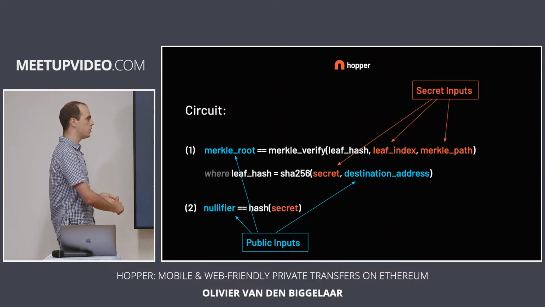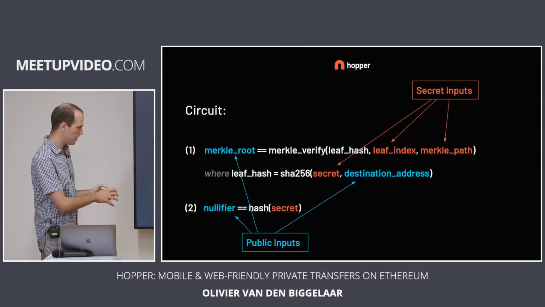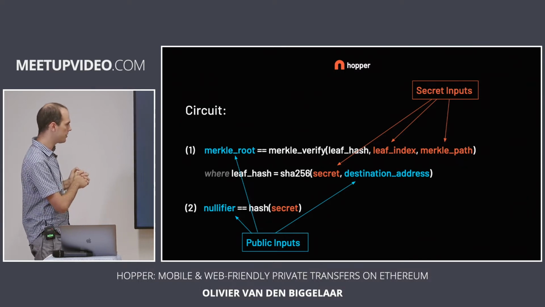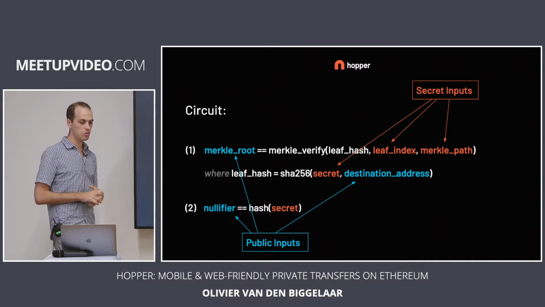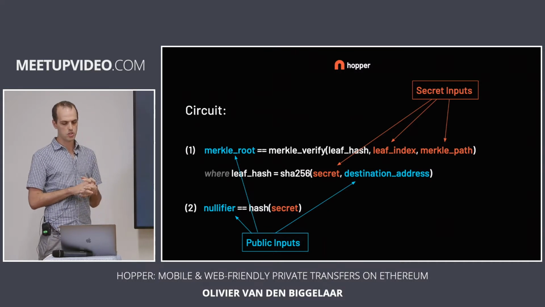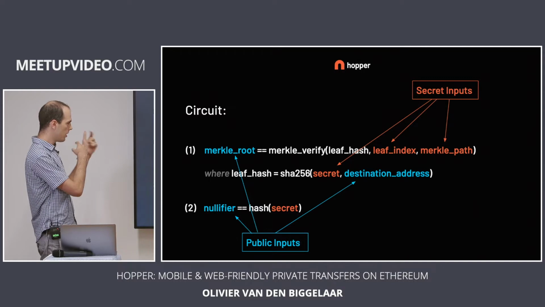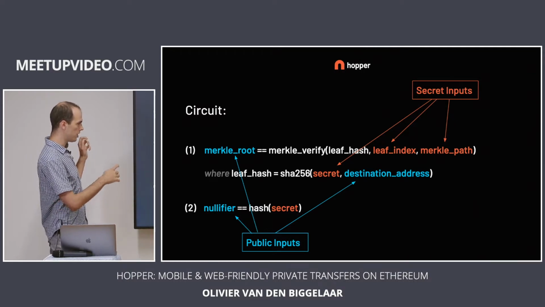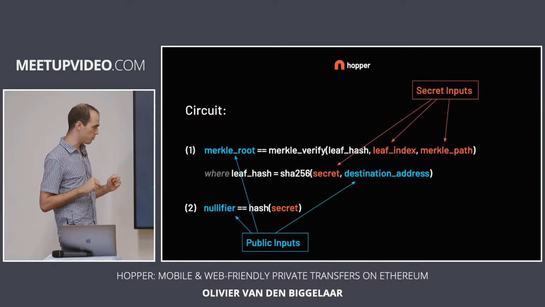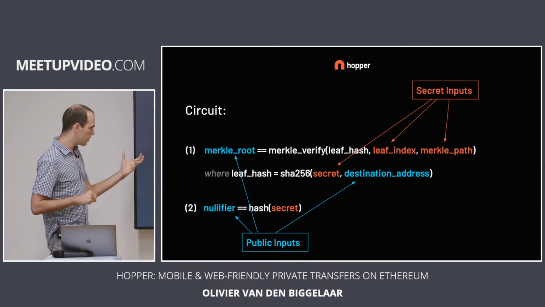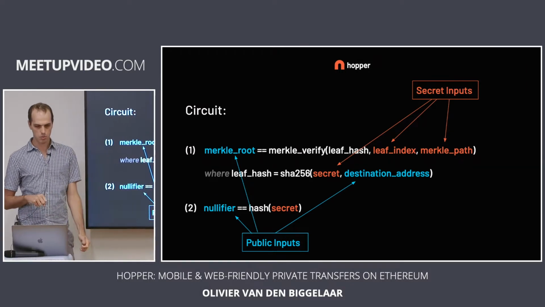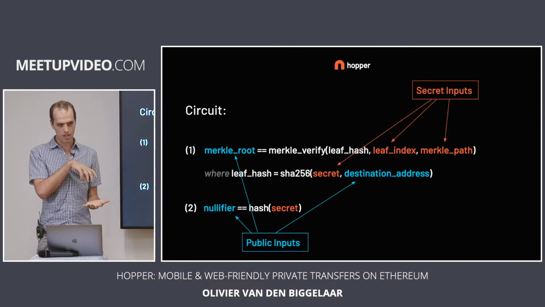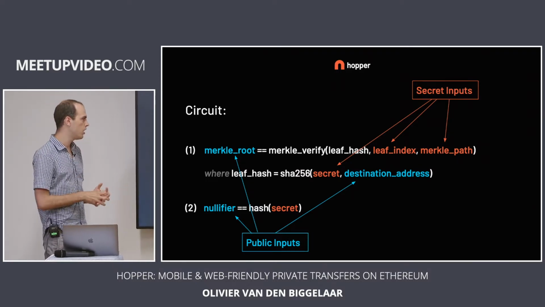So these two statements, in terms of SNARK, will be converted into R1CS, and in order to make the proof generation efficient on mobile, you want this R1CS system to result in as few constraints as possible. And the bulk of the constraints will come from this Merkle verify, which essentially computes hashes at every level of the Merkle tree.